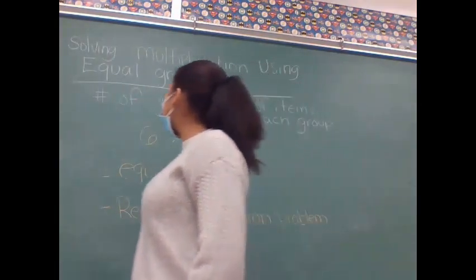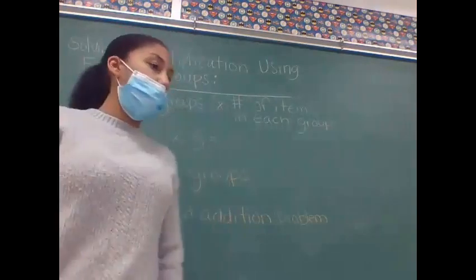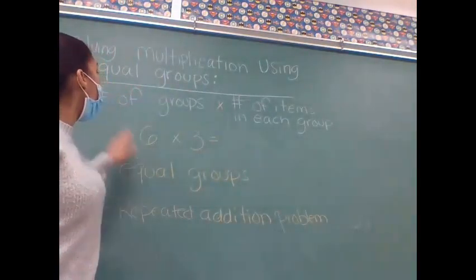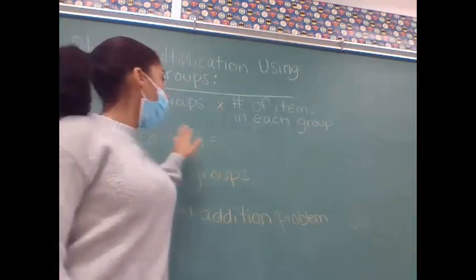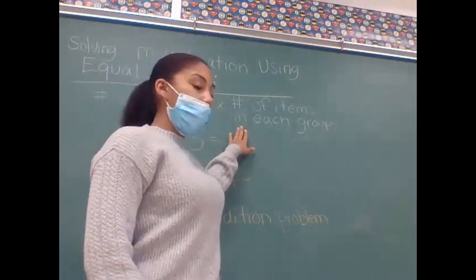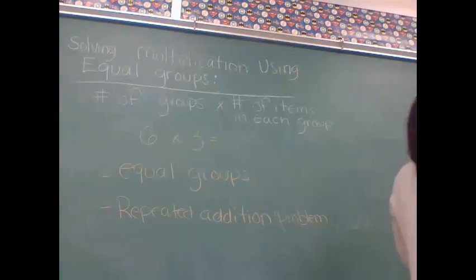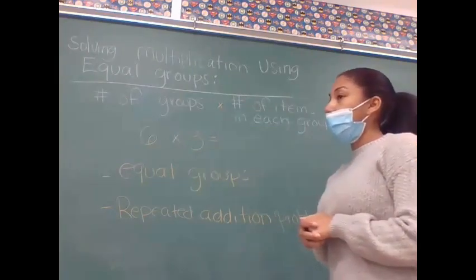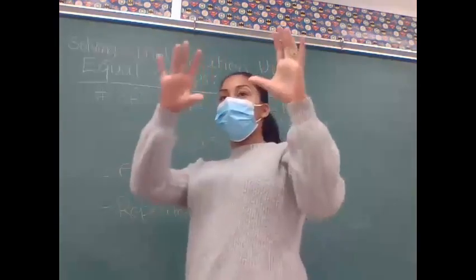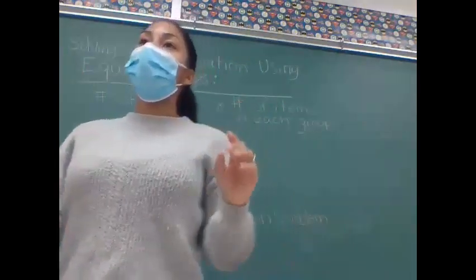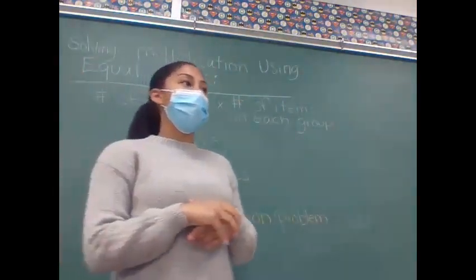So we're doing 6 times 3. Think about the amount of groups we're going to draw. Think about the number of items in each group. Then once you have your picture drawn, right underneath it, write a repeated addition problem.